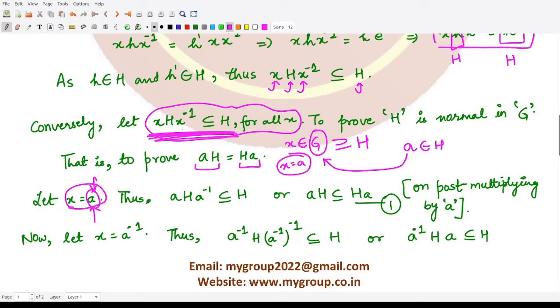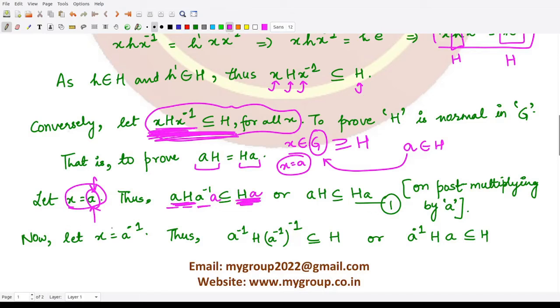If you substitute in place of x the value a, you have a H a inverse contained in H, right? So post-multiplying both sides by a, you have a here and a here, so this thing would become the identity, and you have aH contained in Ha. Let's mark this as equation 1.